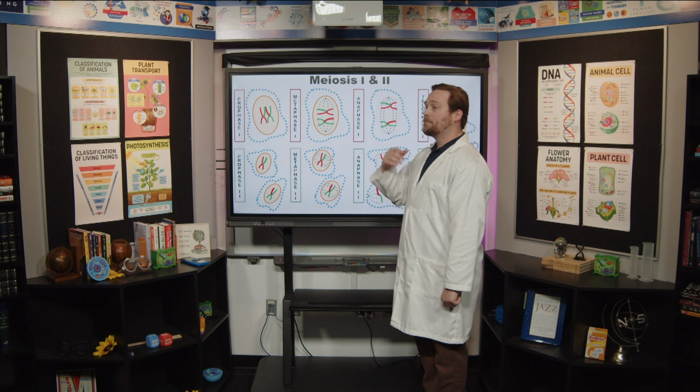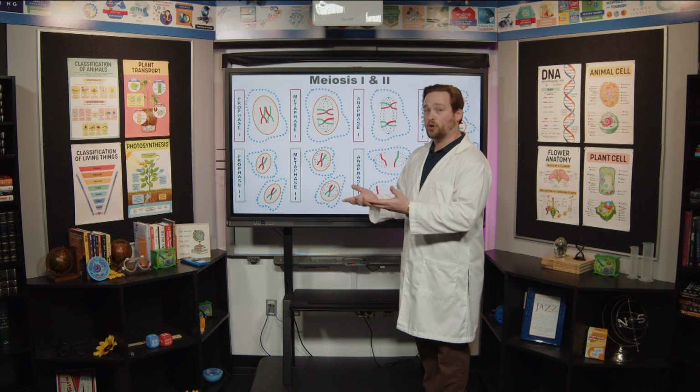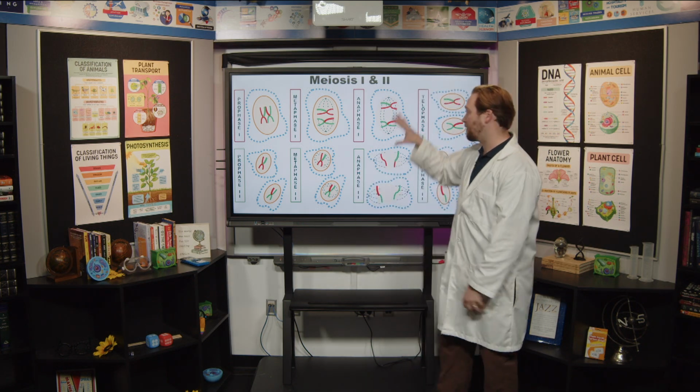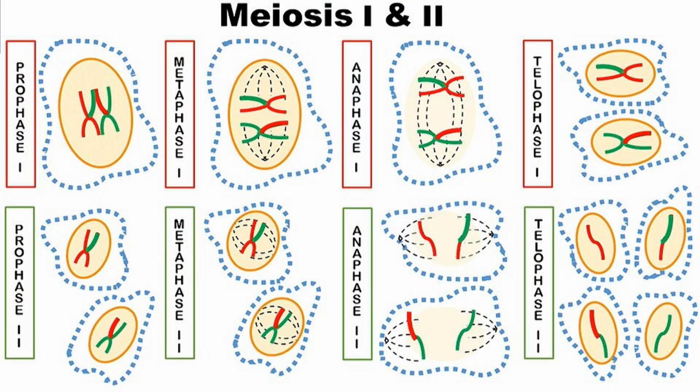What if I say the homologous chromosomes are being pulled apart from each other? Well, we know that apart is anaphase, but how do you know which anaphase it is? Because I said homologous chromosomes are getting pulled apart, that's how I know it's anaphase 1.